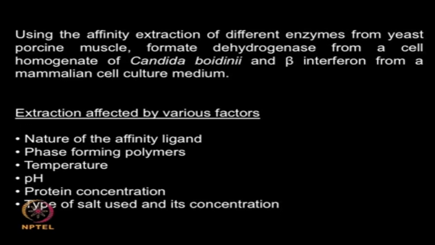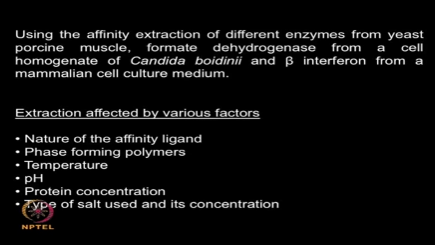The extraction efficiency or the selectivity is going to be affected by many factors. The nature of affinity ligand I am using, the phase forming polymer, because your affinity ligand is going to be immobilized on a polymer. We can't just have the free affinity ligand floating around, so it is going to be on a polymer in a covalent manner.